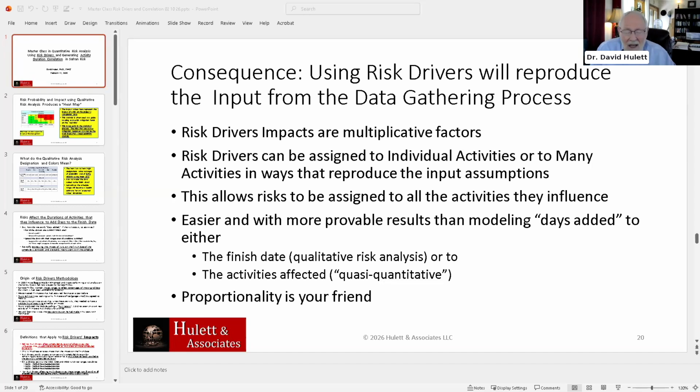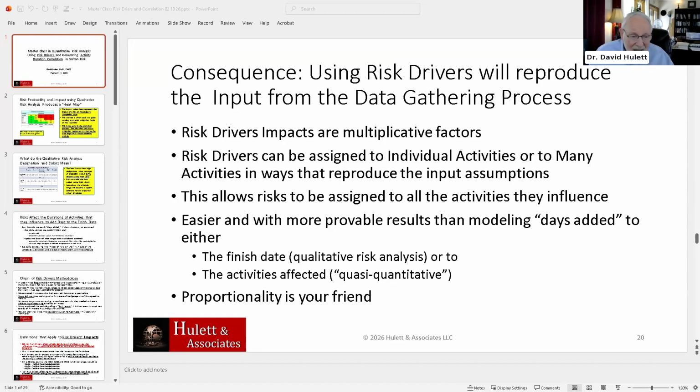So the exciting part of risk drivers is when you're using multiplicative factors, you can easily assign the same factor to large activities and short activities, long activities and short activities.